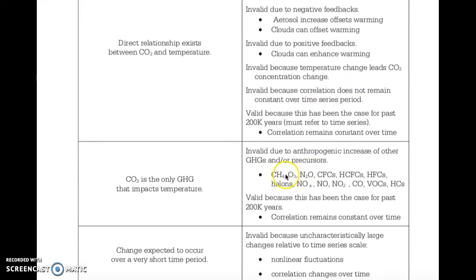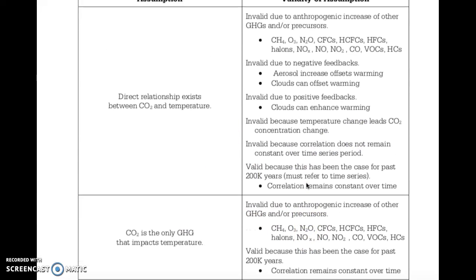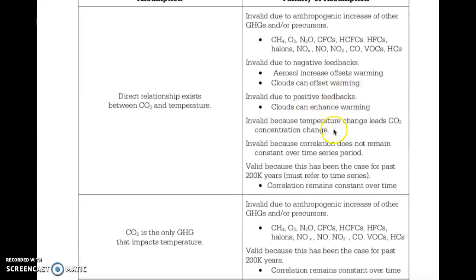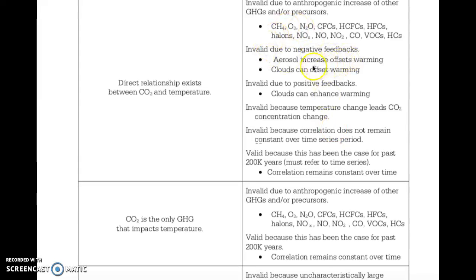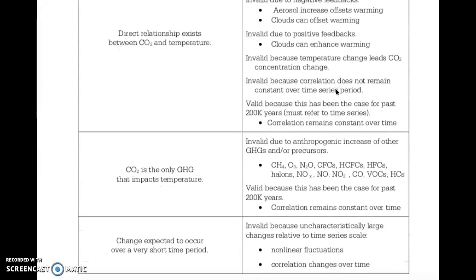So that's the same thing for here. You could also talk about the positive feedback loops, so that once the temperature gets to a certain point, it might set off a positive feedback that could enhance warming, or a negative feedback that could mitigate warming, offset it.